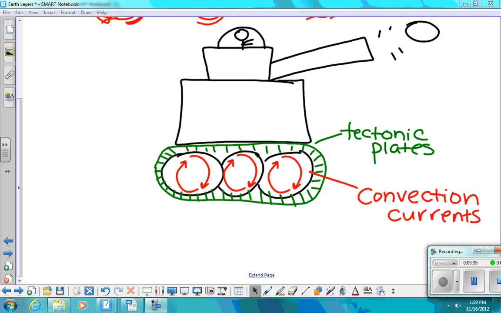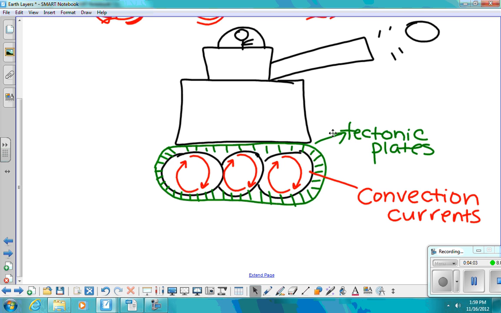But our green parts here are going to be the movement on that tank, and they're going to represent our tectonic plates. The red parts here are representing the convection currents that are going to be like the tank's wheels.